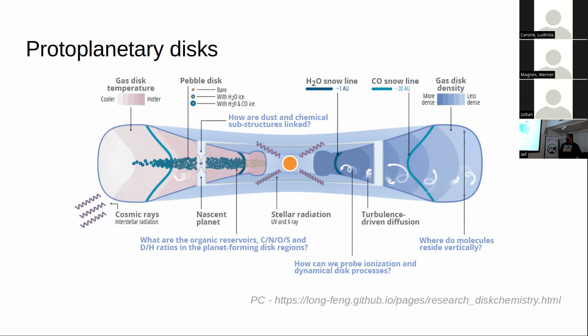But just to summarize this picture, you have dust, which is around the middle of the disk because it's quite heavy. And then you have gas around them, which is quite light. So you have this big region covered by the gas. And then you have the accretion of material from the disk onto the star.